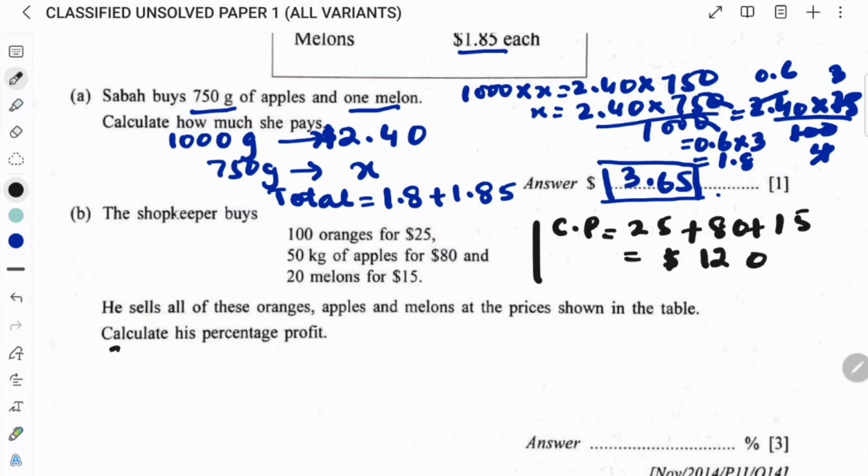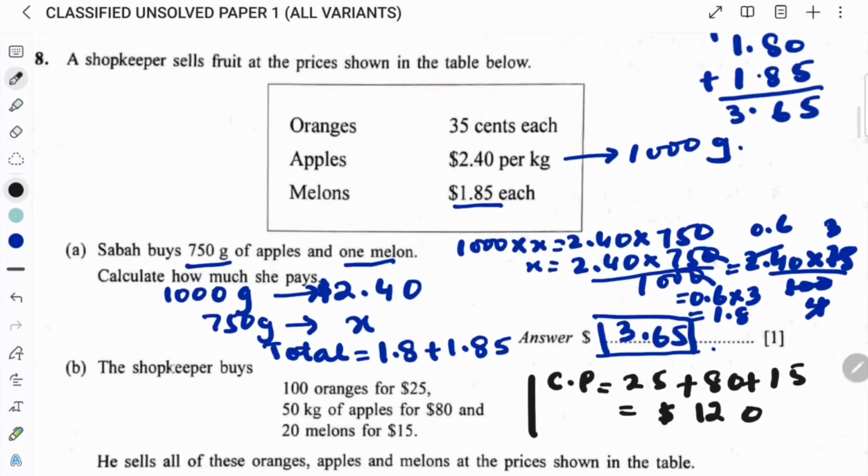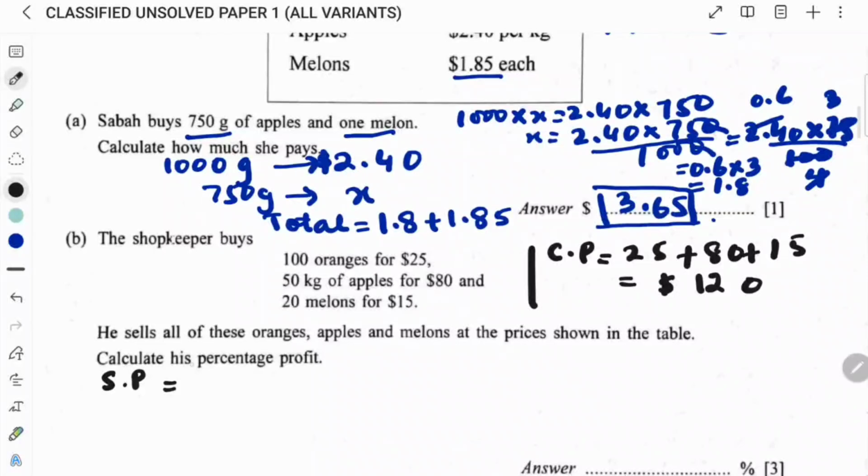So the selling price equals 100 oranges. Oranges are 35 cents. Okay, 100 times 35. Remember that is in cents.